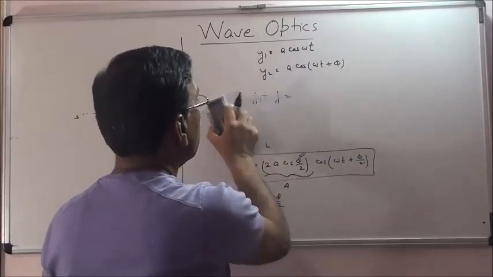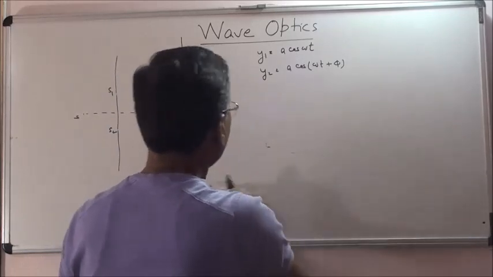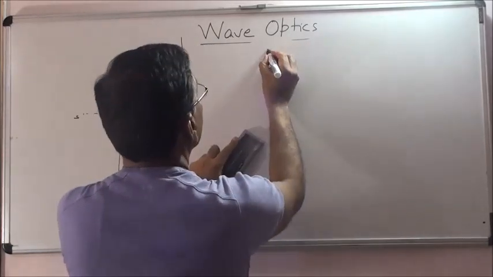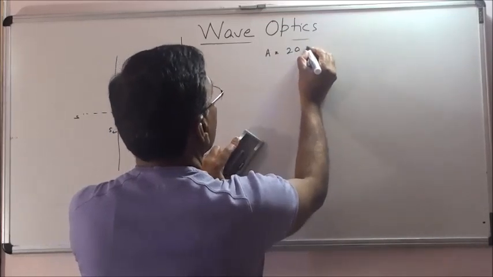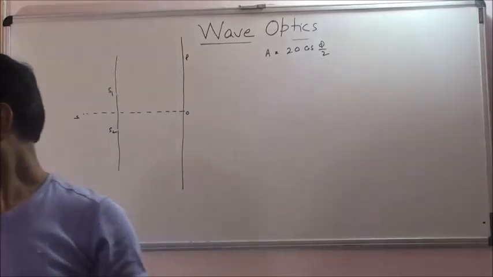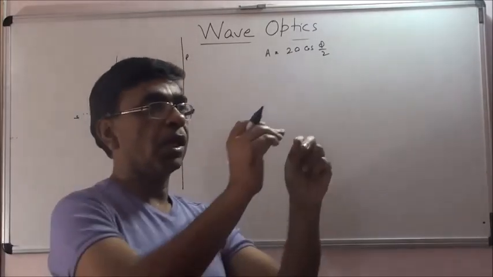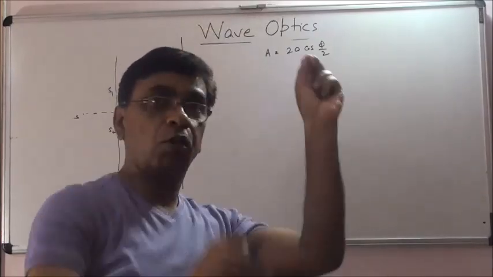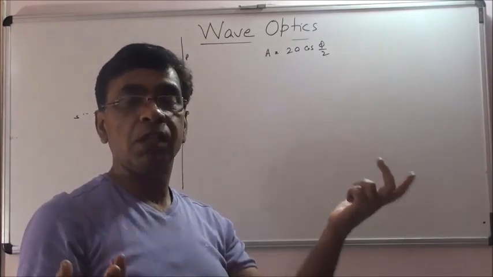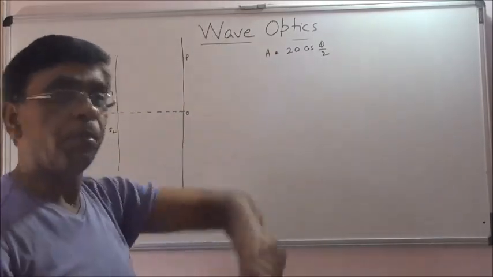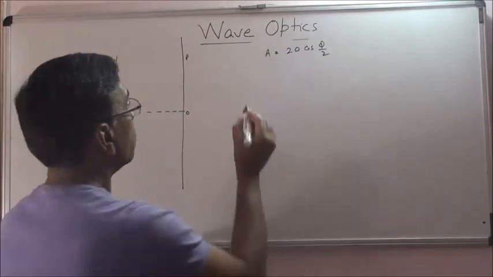Now let us see when it will be maximum. The amplitude is maximum for crest or trough, either plus 1 or minus 1. And minimum will be 0 because I have taken amplitudes of both the waves the same.